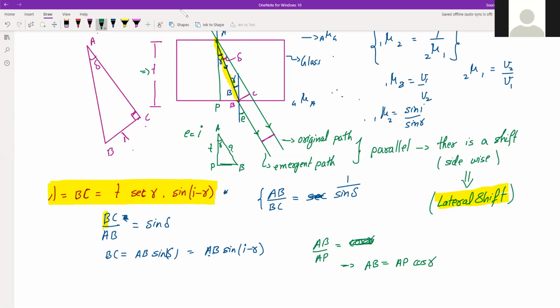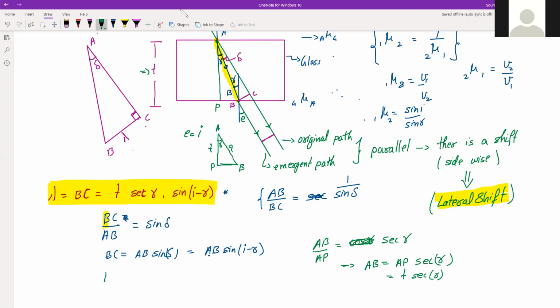This is secant R. So this will also be secant R. So now you just have to substitute here. And what is AP? AP is T, that is thickness. So this is T sec R.